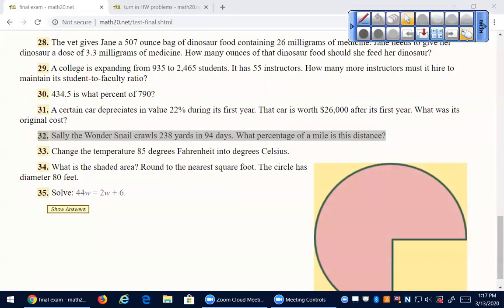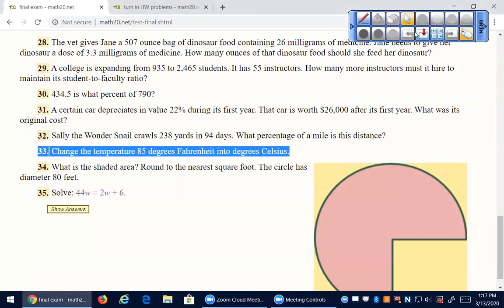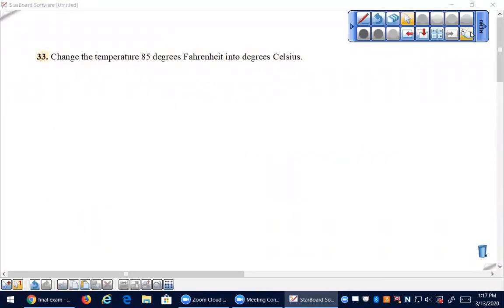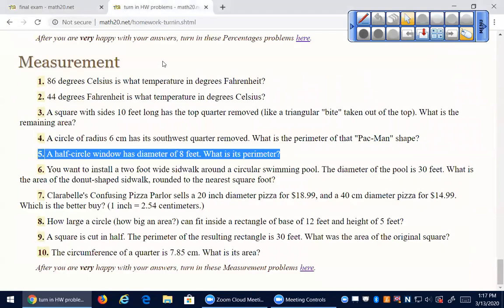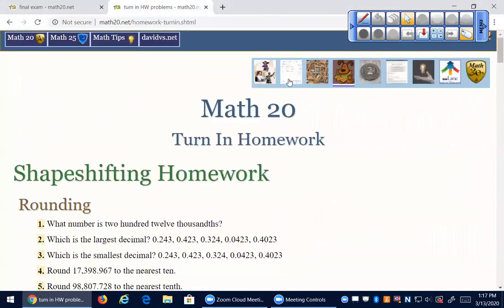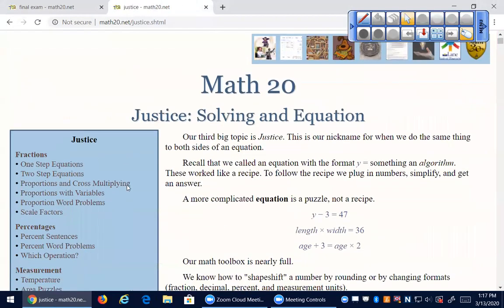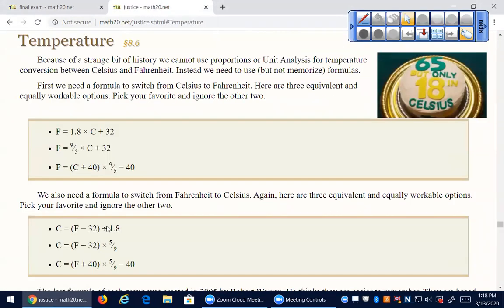Okay, temperature. Do we need temperature formula stuff? Yes. Should we help with that one? That's easy. I have all these formulas here.